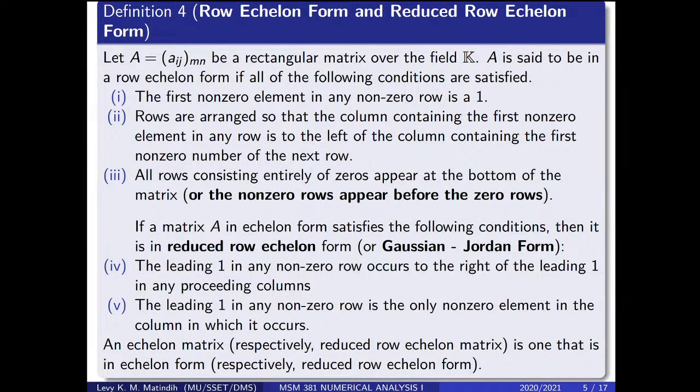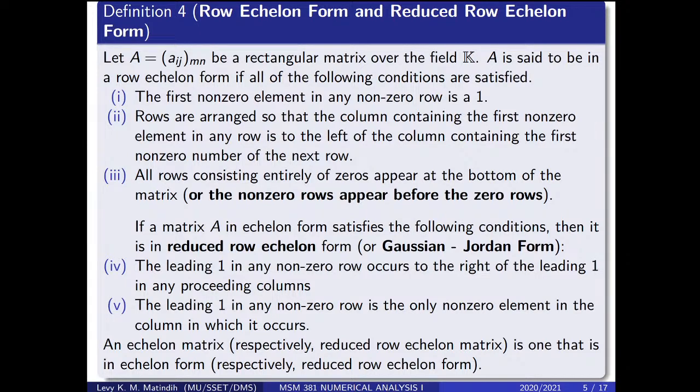So these are two properties. Let's have an m by n matrix A, which is a rectangular matrix over the field K. Remember, it's rectangular, which means in short, it need not be a square matrix.